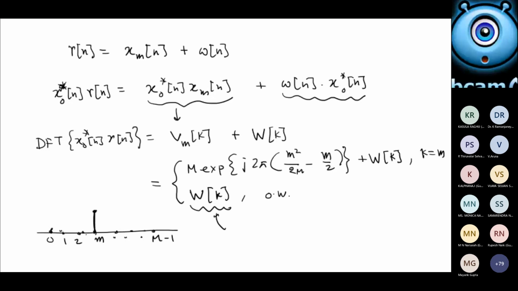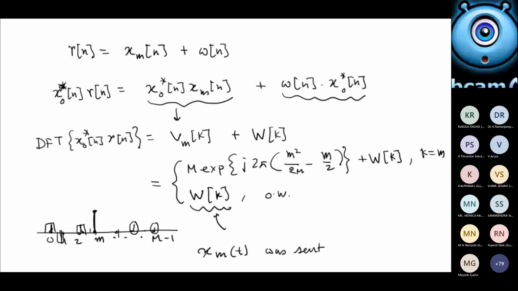These are all zero mean complex values. So eventually we would take the magnitude of each of them and then find which of these samples has the highest magnitude. So if the mth sample has the highest magnitude, then we would declare that x_m of t, the mth chirp, was sent. Of course now, due to the presence of noise, sometimes these noise components might have large enough magnitudes so that we get the incorrect result.